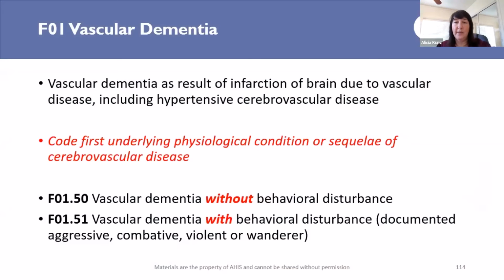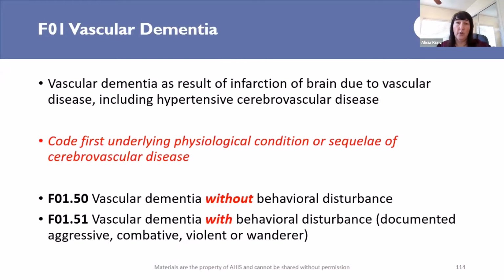Dementia. There are 3 different types of dementia, but the first one we'll review quickly is vascular dementia. This is usually a result of some sort of brain infarction due to vascular diseases, such as hypertensive cerebrovascular disease. If they have some sort of physiologic condition or sequela of cerebrovascular disease, there is an instructional note telling you to code first that physiologic condition.